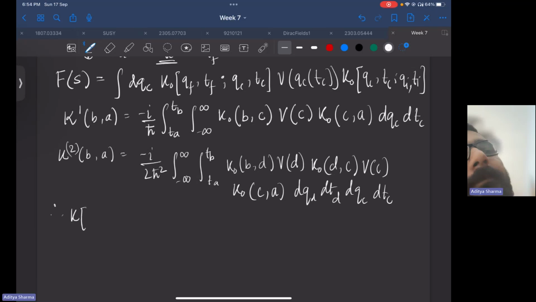Therefore, k full can be written as k naught minus, so I'm writing schematically, that k naught V k naught integral. There is an integral.